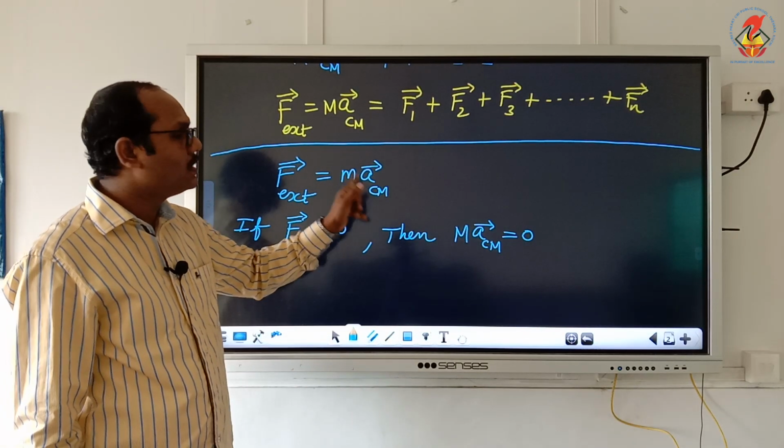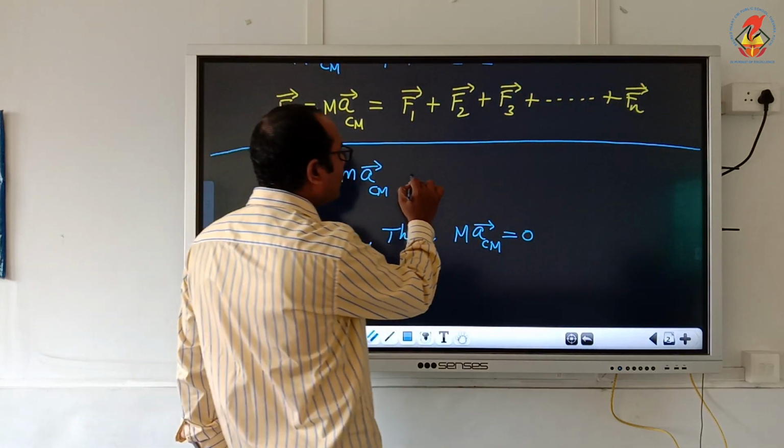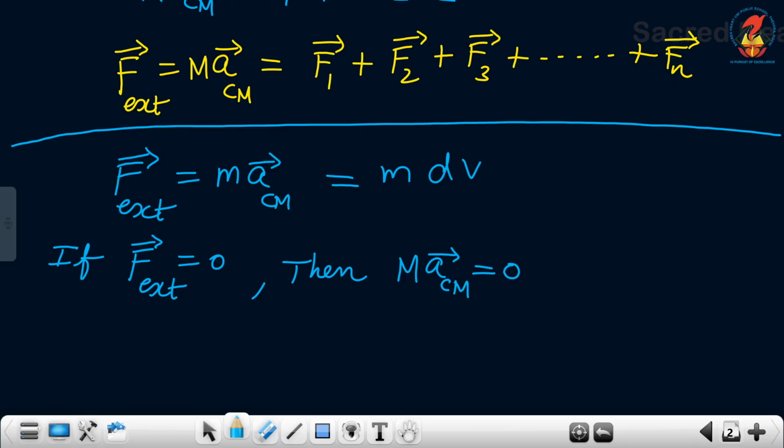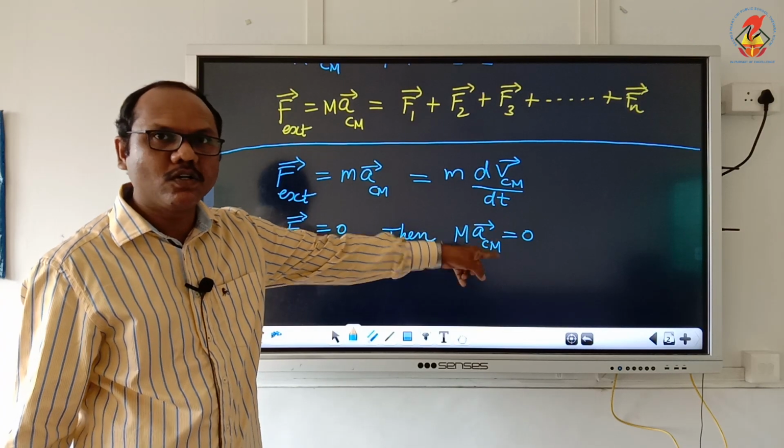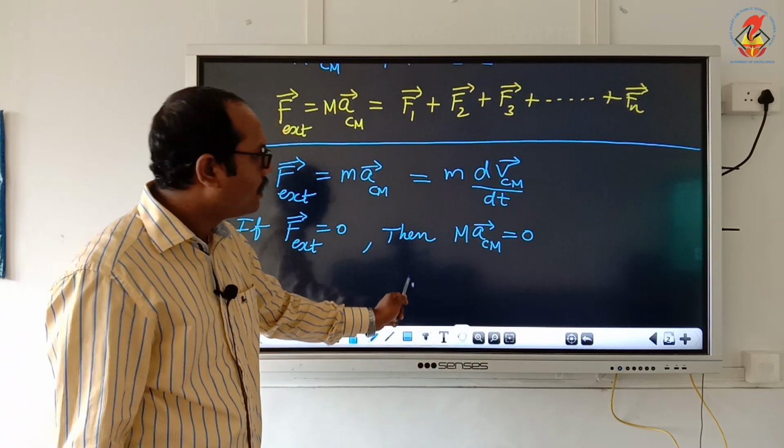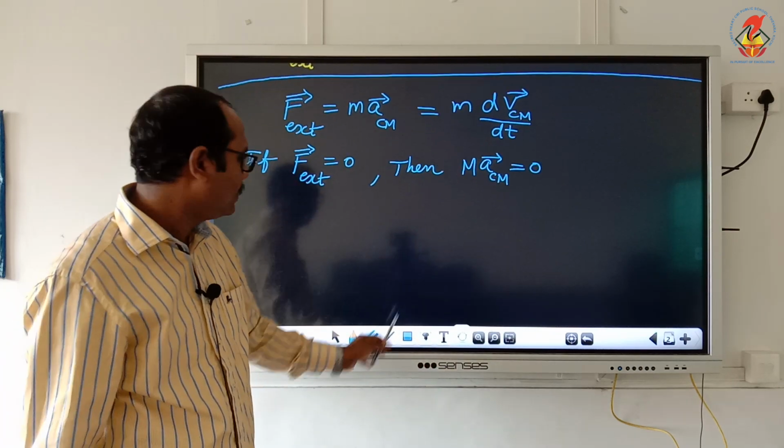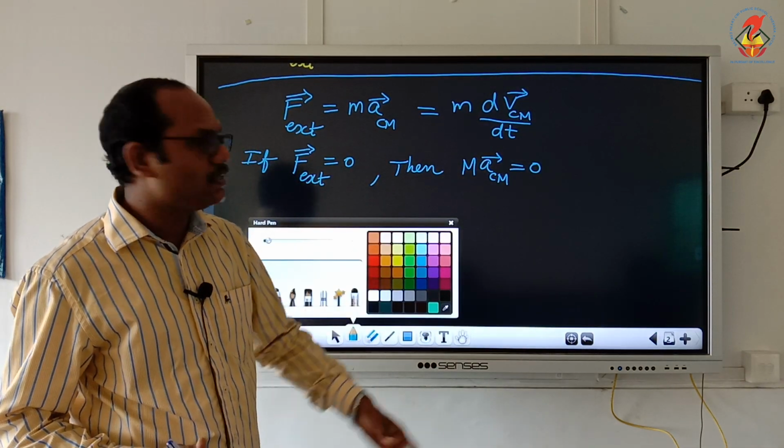Can I ask you what is ACM? ACM can be written as dVcm by dt. Am I correct? Because dV by dt is called acceleration. So, then M into ACM is equal to 0. Mass is a constant, right? For a rigid body, mass cannot be 0.